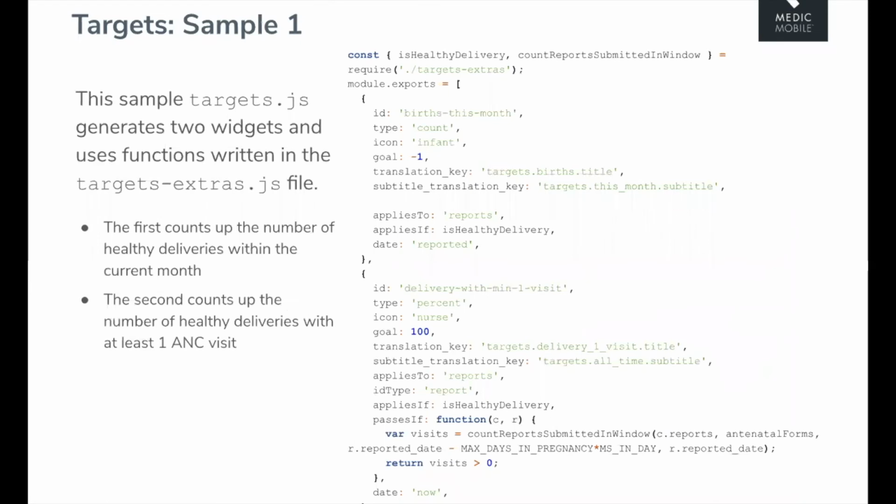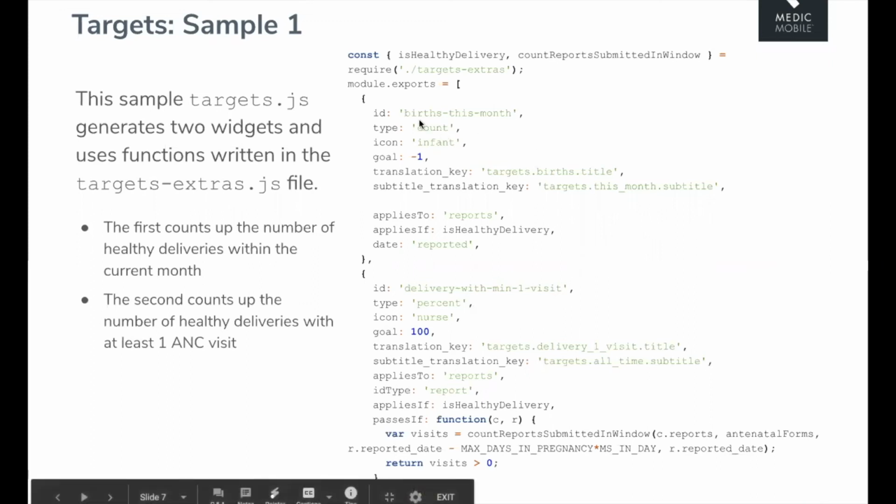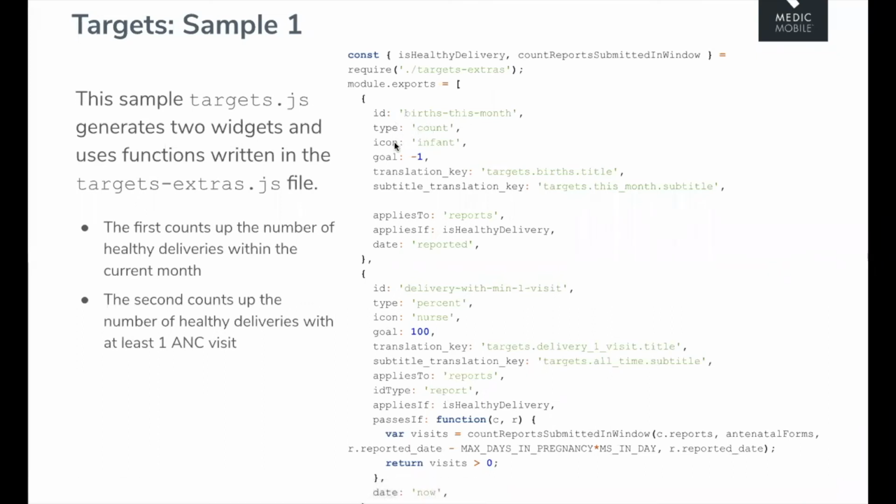There's a sample here where we have a target counting up the number of healthy deliveries within the current month. So you have your ID, birth this month, your type, which is count, your icon, infant. So here we don't have a goal, so we just set it to -1. You have your translation key, which is targets.births.title, which will be substituted with the actual title of this widget.